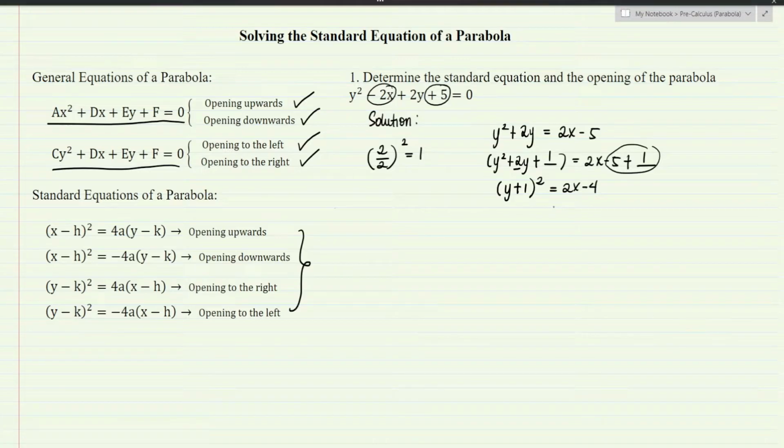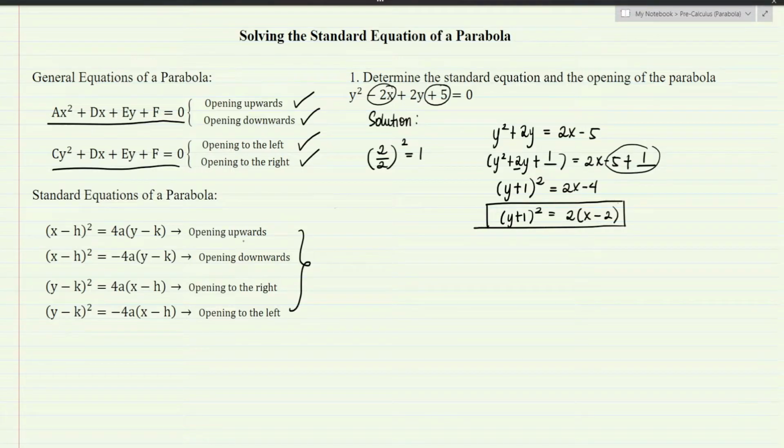Now the last step here is we need to factor out the coefficient of x. So if I do that, I would have 2 times x minus 2. Then we will just copy the left side of the equation. So this is now our standard equation.